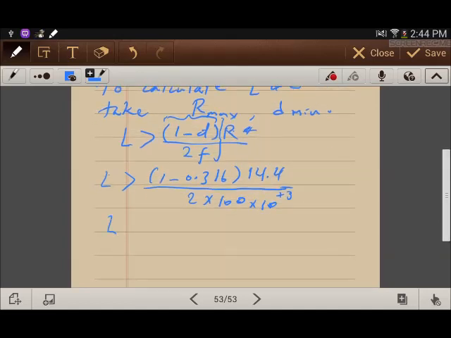So L should be greater than 49.2 microhenry. So the minimum inductance multiplied by 1.25, I will get 70 microhenry.